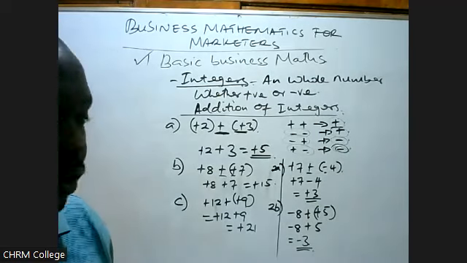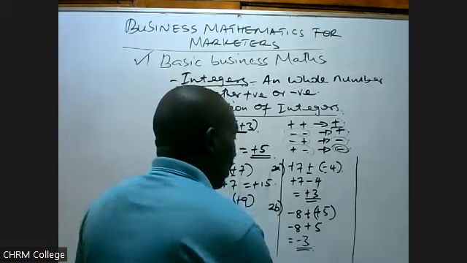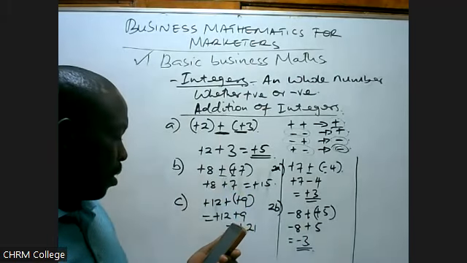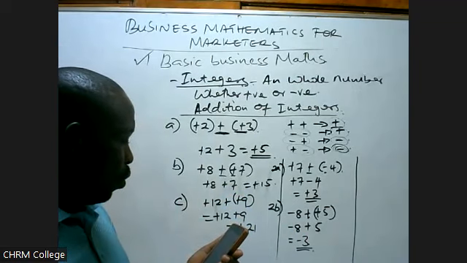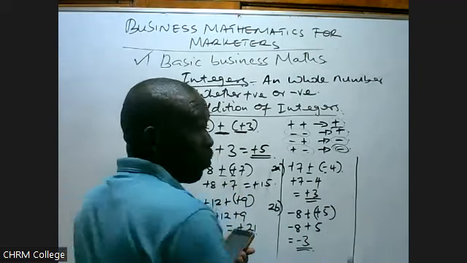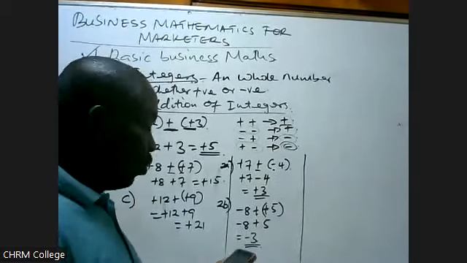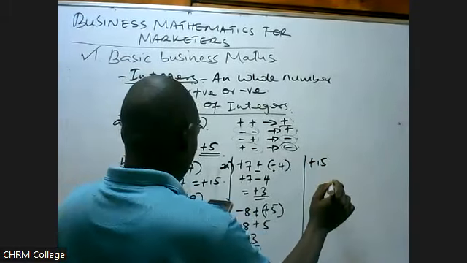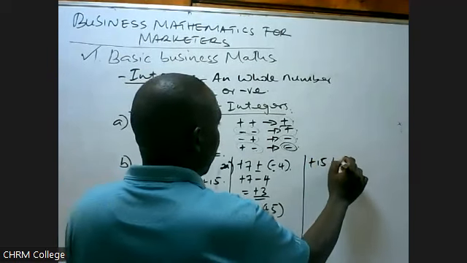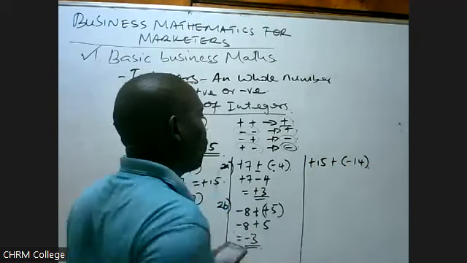Let me have another example related to that. 2C, whereby you have positive 15 plus negative 14.